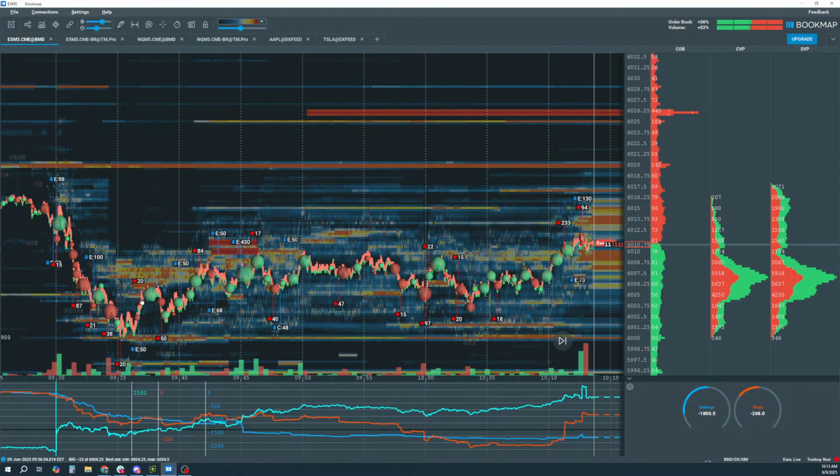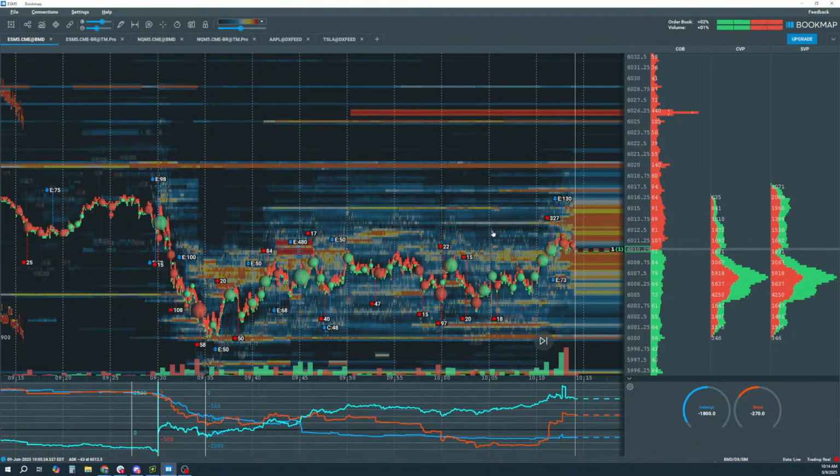Now we're looking for, after they get filled, do we find the aggressors come in? Okay, that's the dots that you see here. The green dots are market buy orders lifting the market higher. Red dots are market sell orders hitting the bid and driving price lower. So we want to understand that context.